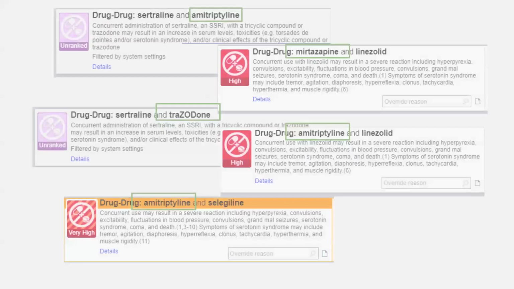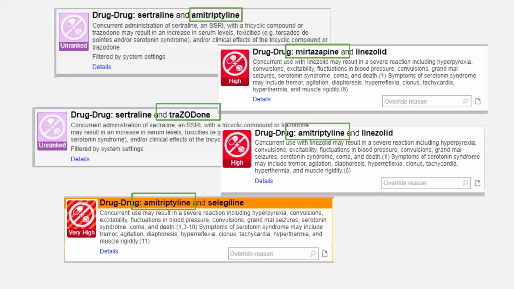So this is an example from our EHR, and the meds outlined in green are a few of those listed on the recent slide that are unlikely to cause serotonin toxicity. So not only does this contribute to alert fatigue, but it can also lead to prescribers avoiding medications that could potentially be helpful for a patient.